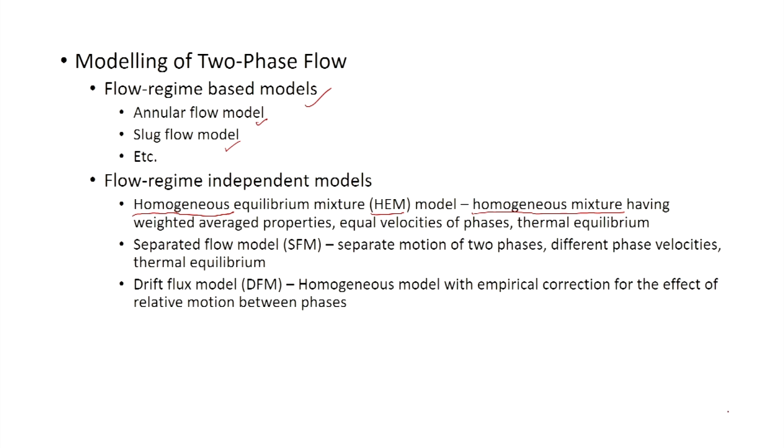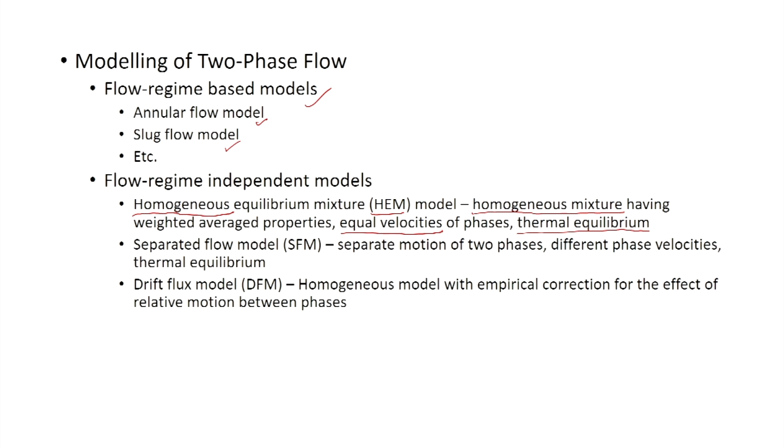It is assumed that the velocities of the two phases are the same. Actually, the phase velocities are usually different, but for simplicity in this model, it is assumed that both phases are moving together with the same velocity. And it is also assumed that there is thermal equilibrium between the phases. That means both phases are at the same temperature.